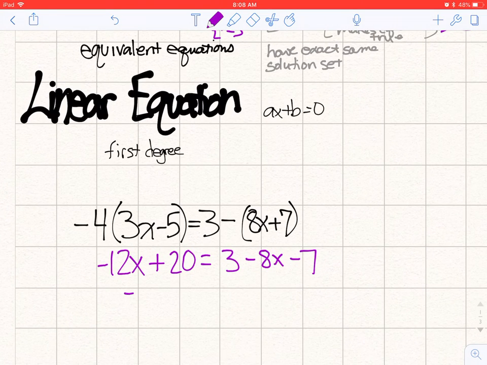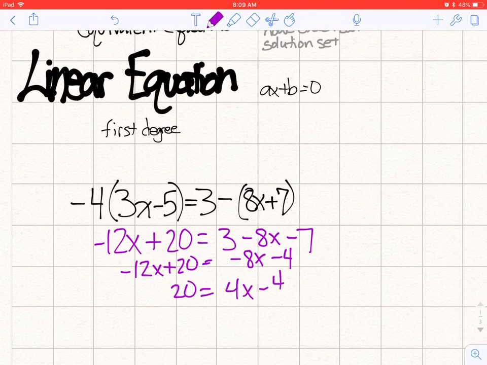I like to combine like terms on the same side first, personally. So I would have a -8x and a -4. I'm going to add my 12x over. And then I'm going to add the 4 over. I have 24 equals 4x. And I divide by 4 and I get 6.